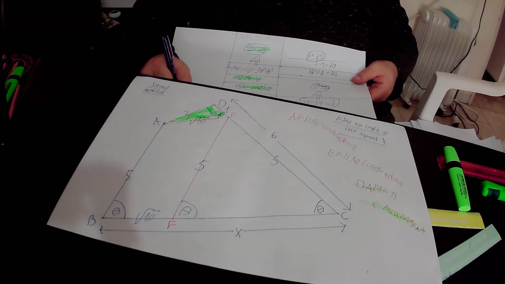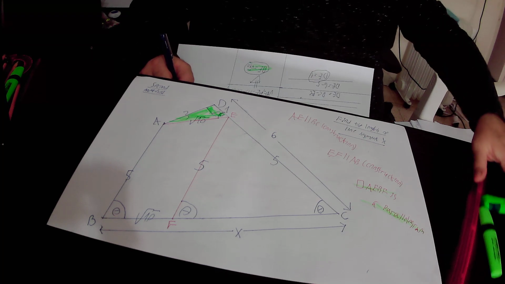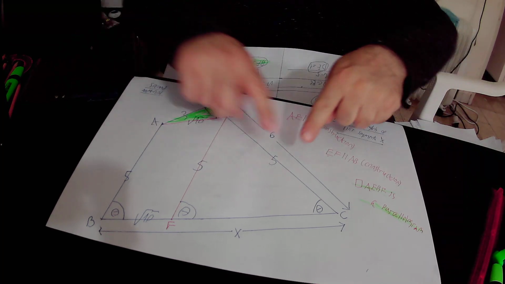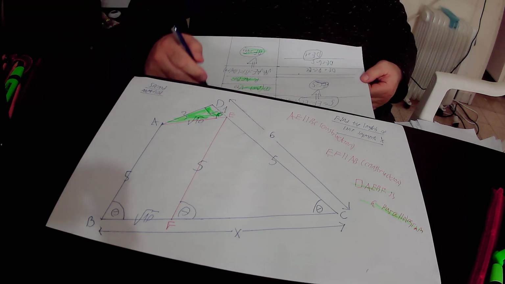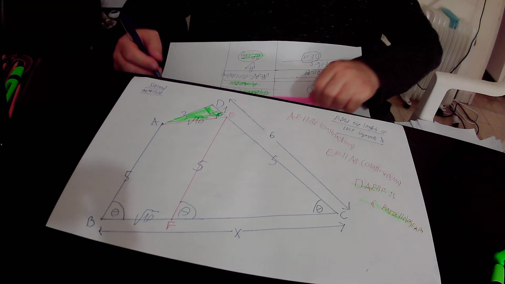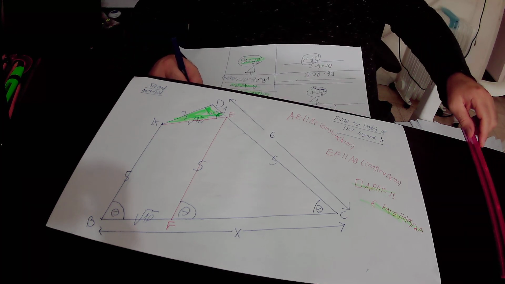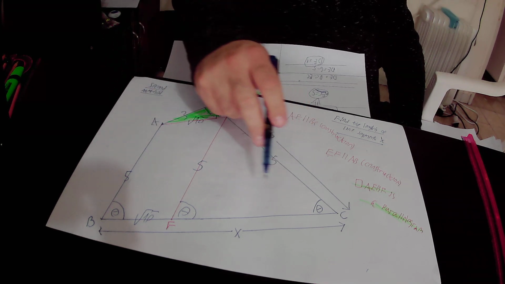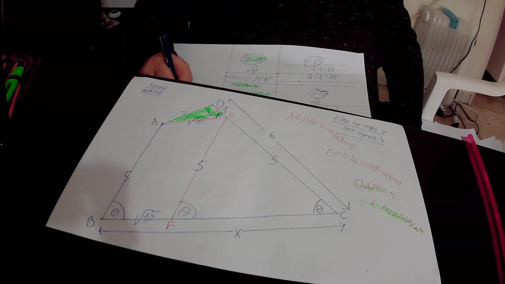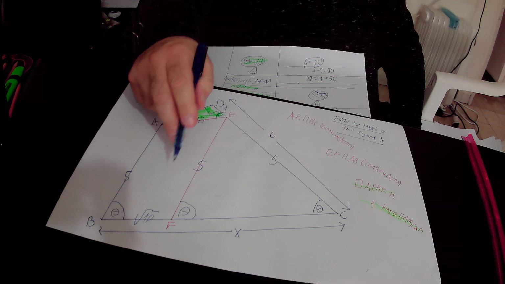BC equals X, according to what is given in the question, and we just found out that BF equals the square root of 10 units.